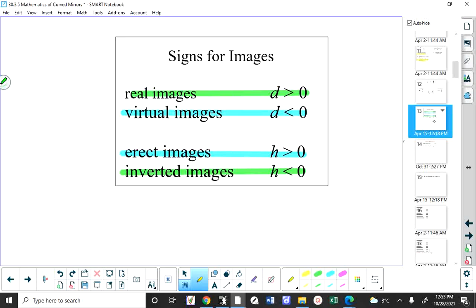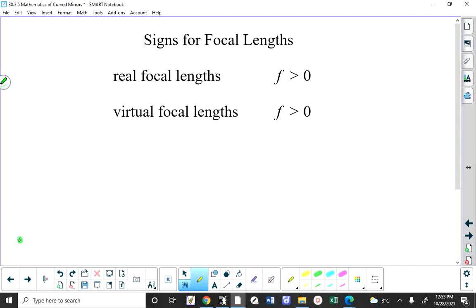Okay? We have rules for the focal length of the mirror, and you need to remember something here. This mirror that you're looking at, which is a convex mirror, will always produce virtual images. Okay? The focal length of this mirror is by definition negative, because the focal length is actually behind the mirror.